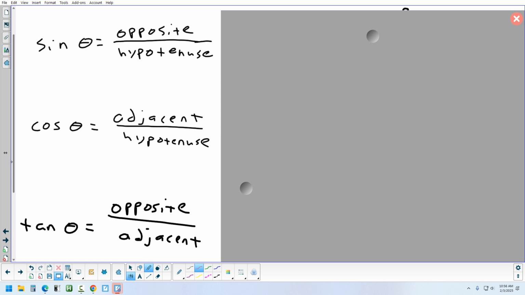When I use the words opposite, adjacent, and hypotenuse, I'm talking about the length. So for example, let's say you were doing cosine, and the adjacent side was 5 centimeters and the hypotenuse was 12 centimeters. What happens when you actually divide and simplify that fraction?